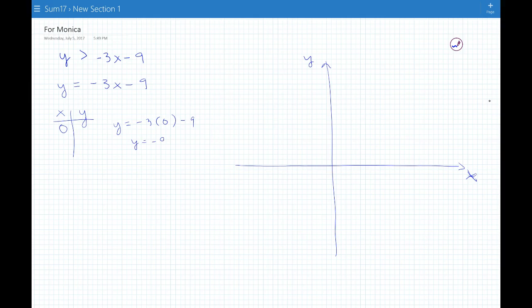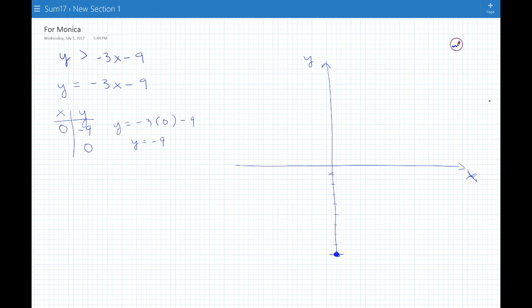Y equals negative 9. So the point 0, negative 9 is a point on this graph.